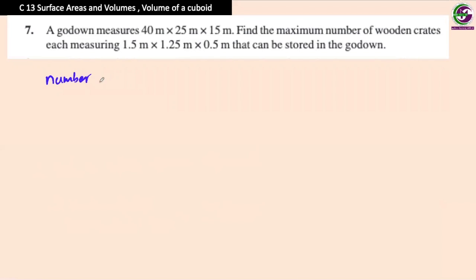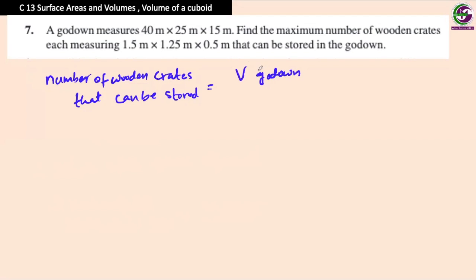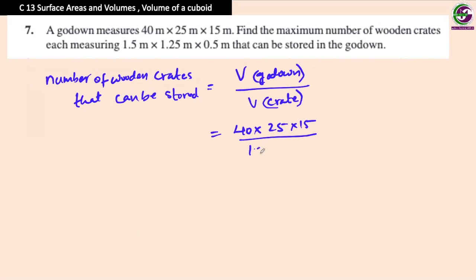Number of wooden crates that can be stored is equal to the volume of the godown divided by volume of each crate, which is equal to 40 times 25 times 15 divided by 1.5 times 1.25 times 0.5.